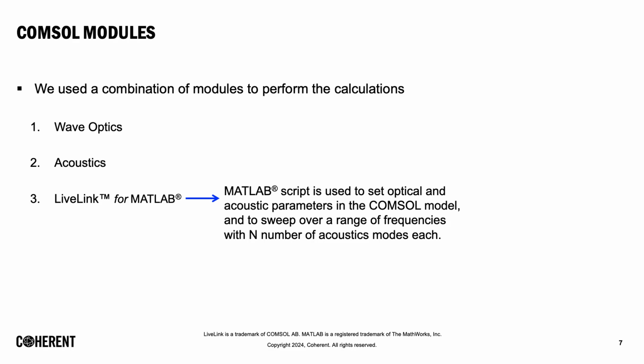So we can change these parameters directly in the COMSOL model using MATLAB, and also sweep over a range of frequencies. For each frequency, we calculate n number of acoustic modes. All this is within the MATLAB script. We just run the MATLAB script, it communicates with COMSOL, and gives us the results.